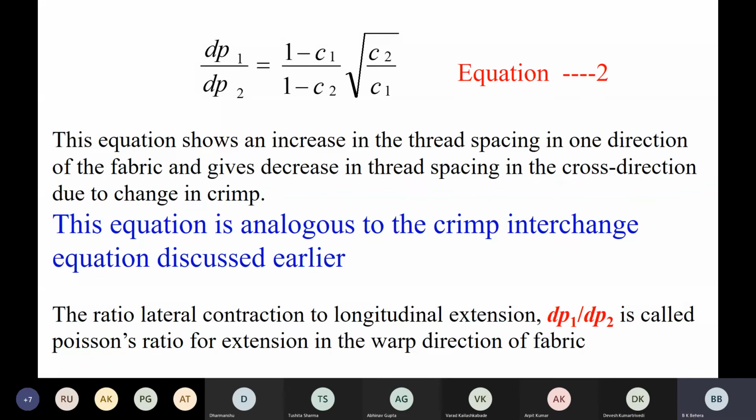It doesn't happen in auxetic, it is opposite. So the Poisson's ratio in case of auxetic material comes out negative. We call it NPR, negative Poisson's ratio. Any material which gives you a negative Poisson's ratio is an auxetic material. But for a normal material, dP1 over dP2, which is called Poisson's ratio, is not negative, it's positive.